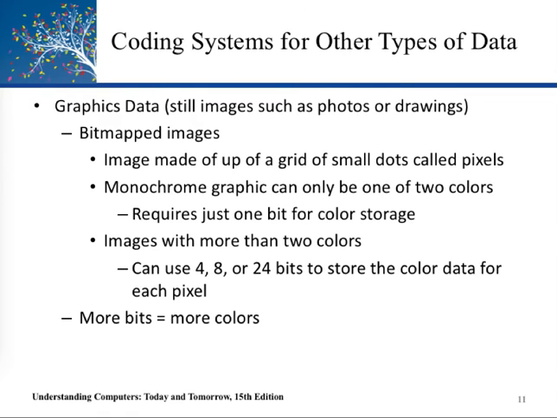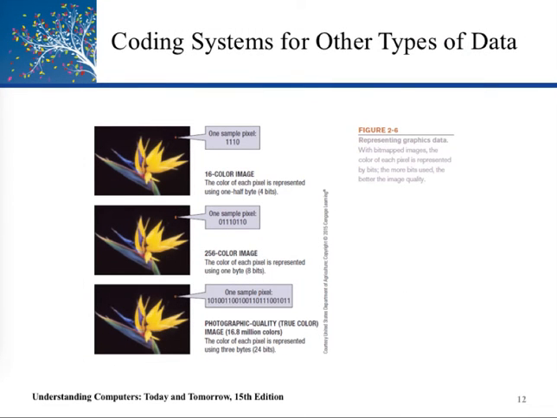So if we look here at a different representation of each one of these color bits, in a 16 color image, 4-bit, you see that we can only get up to 16 different colors, and this is how big a pixel is. It's 4 bits. In a 256 color image, that's considered 8-bit.